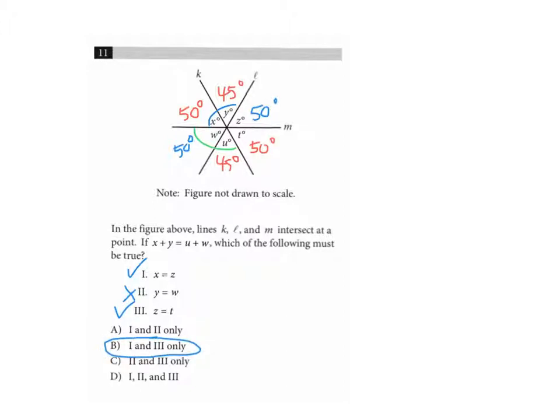Now, sometimes you're going to pick numbers that do end up working, but it so happens that this is asking which must be true. You might end up picking numbers that only, for example, work with Roman numeral 3 by coincidence.